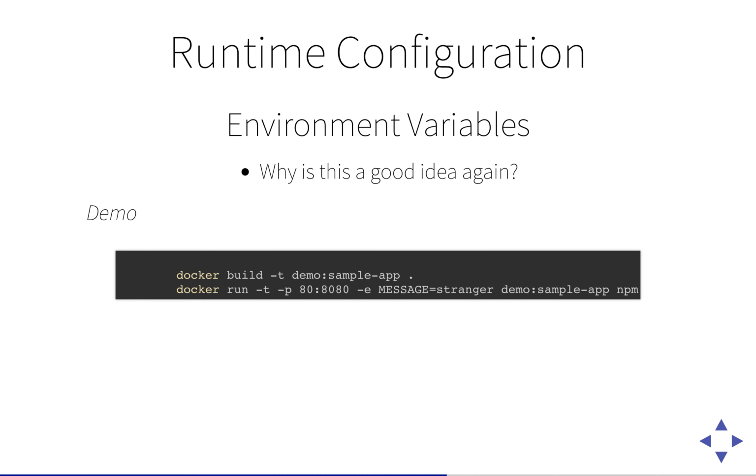The 12-factor pattern way, the way Docker encourages, and it really is a good idea, is to use environment variables. I found that some teams have a little surprise or resistance around this idea. It can be, do I have to type export each one of my environment variables into my shell each time I want to run the app?